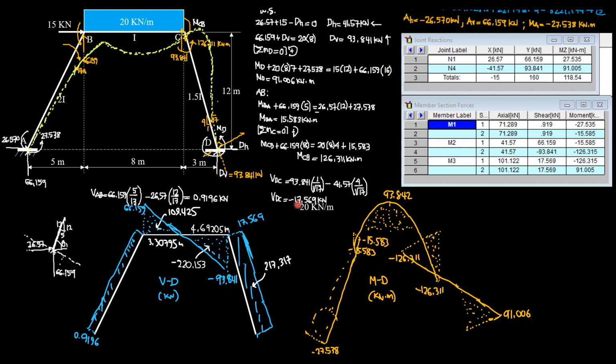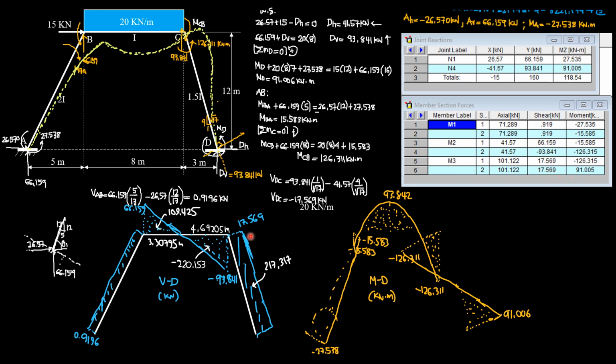So the shear in DC is negative 17.569, so it means it is in this direction, so that the shear at C is positive in the up to the right direction. So they are equal, 17.569. If you check for member CD, member 3, the shear is indeed 17.569 kilonewtons. So that checks.